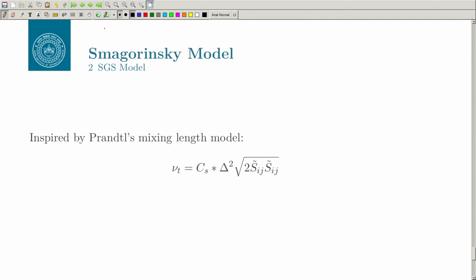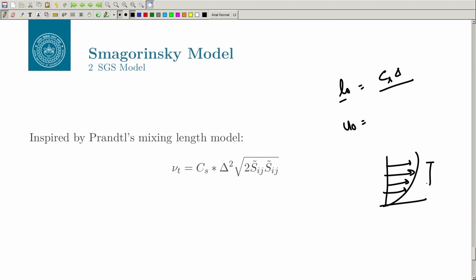Now, let us finalize our model. We got this length scale, which I will write here as CS delta, and what we need is the velocity scale. Because this model is inspired by the mixing length model, where you look at the gradient, del u by del y, and multiply by the length scale to get the velocity scale, a similar thing we will do here.